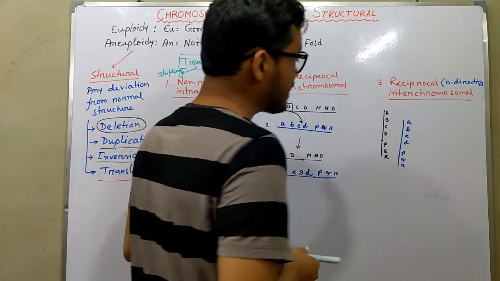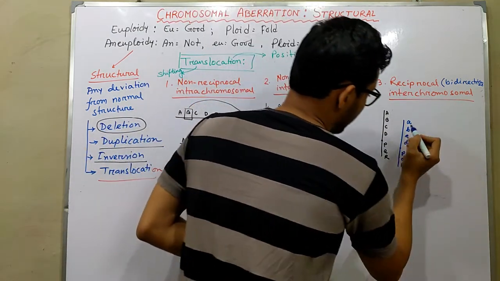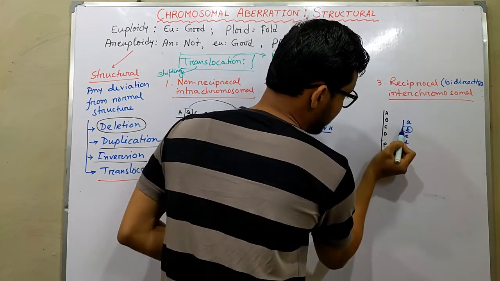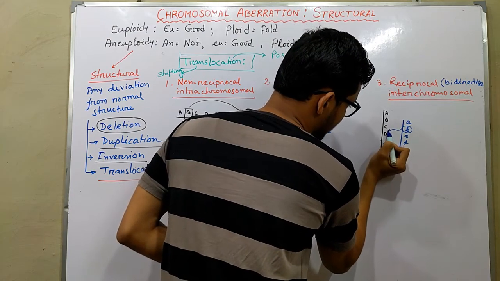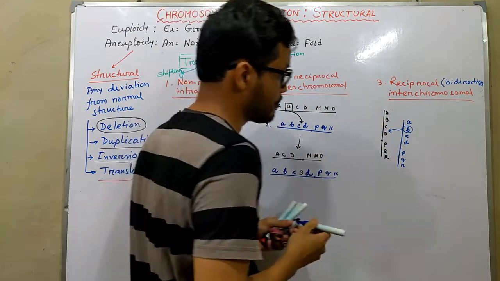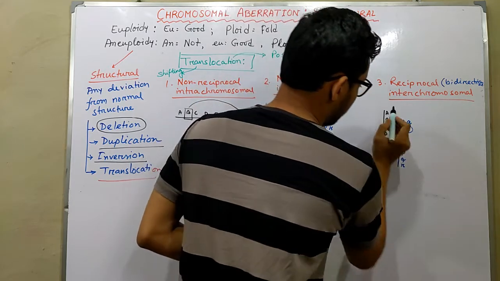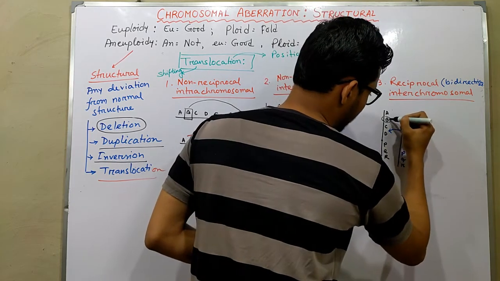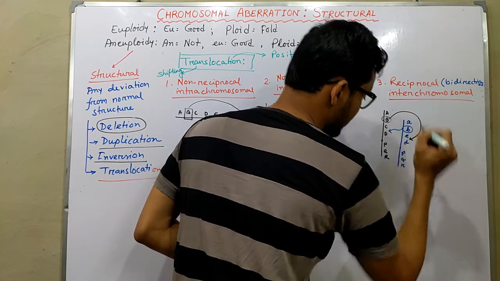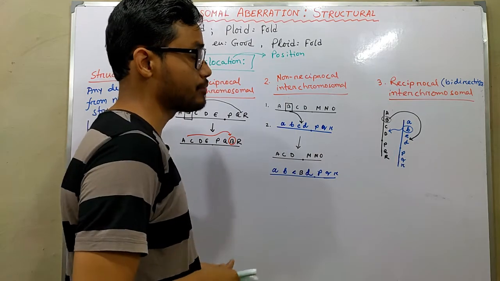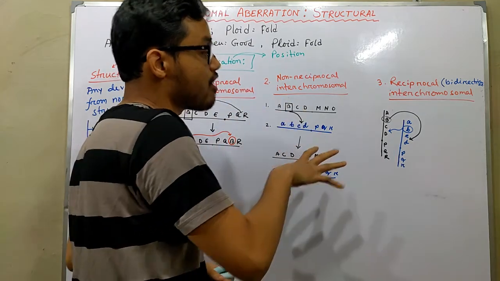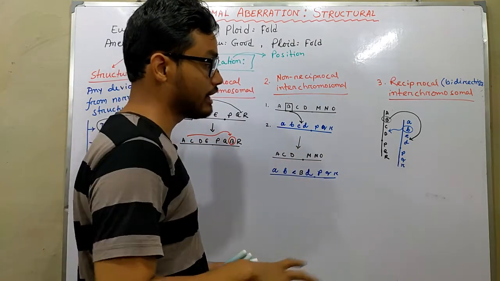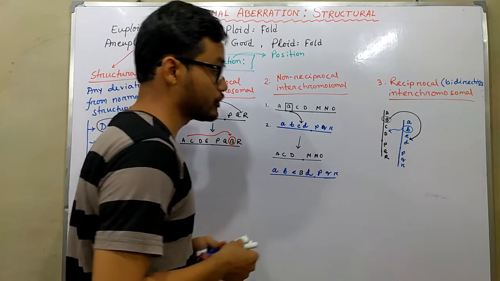Let's assume that this B segment is translocated and attached just between C and D of the first chromosome. Not only that, but the small b segment also translocated and attached between C and D of the second chromosome. So here we have a condition where both chromosomes are giving and both are taking. That means it is a bidirectional relationship.